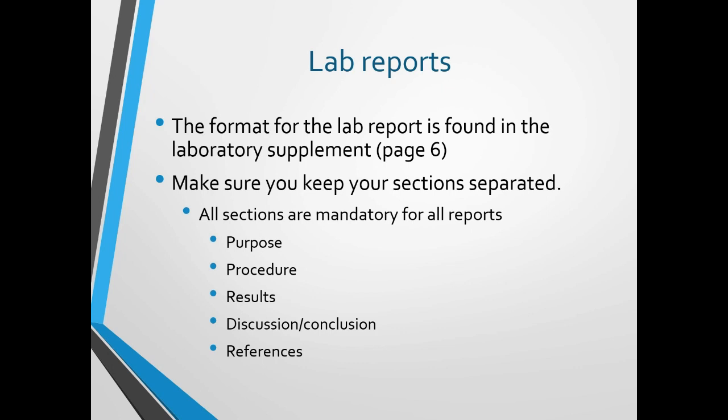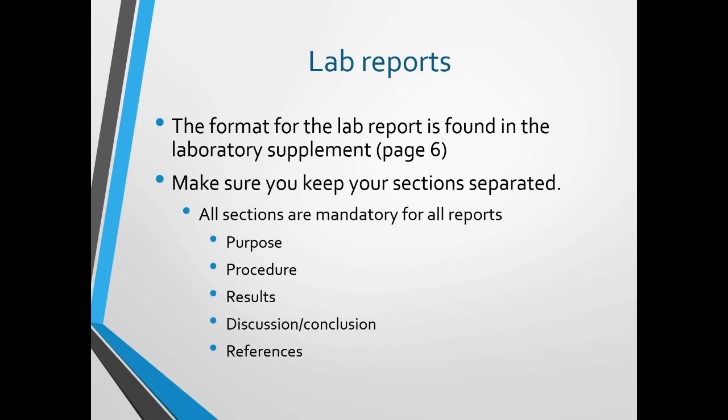The purpose should be short, 1 or 2 sentences to explain why we're doing an experiment and what are the techniques and organisms we are using. Usually you don't need to write procedures unless otherwise specified. Results should be arranged in tables, charts or graphs, and if pictures are used, they should be explained, they should be labeled.